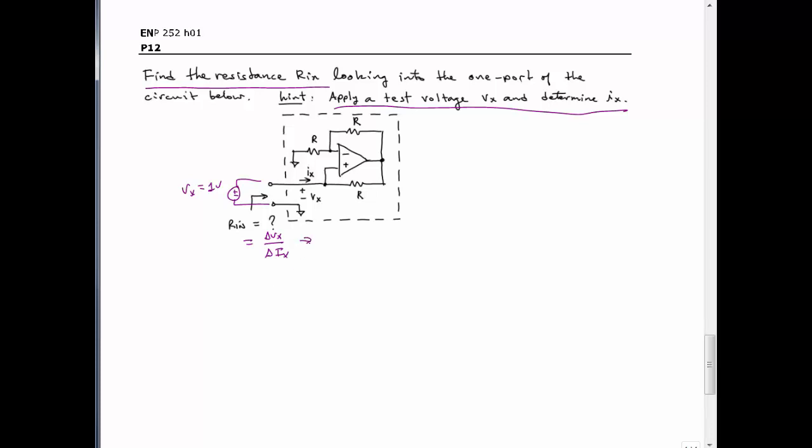In this case, we can simply look at just Vx and Ix. So apply a test voltage, solve that circuit where you're solving for Ix, and the ratio of Vx to Ix will be the input resistance, and it's quite an interesting result. It's a fun circuit to solve.